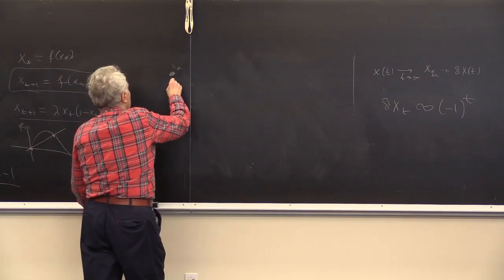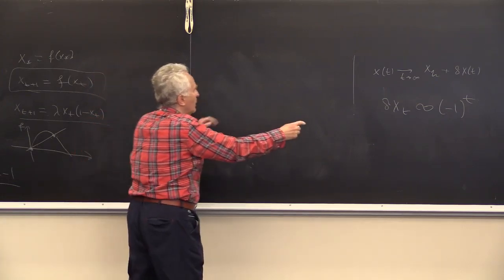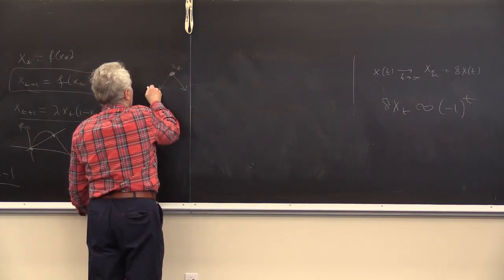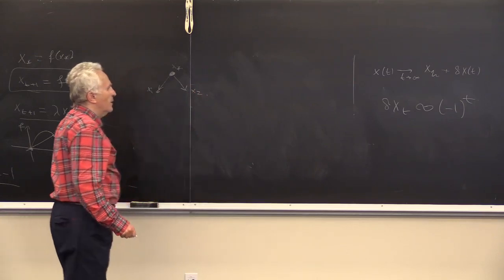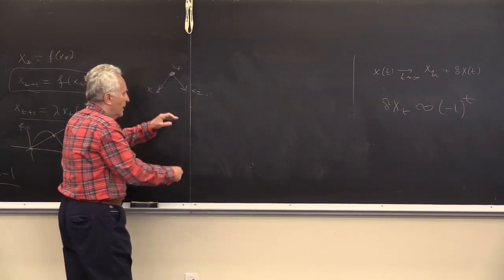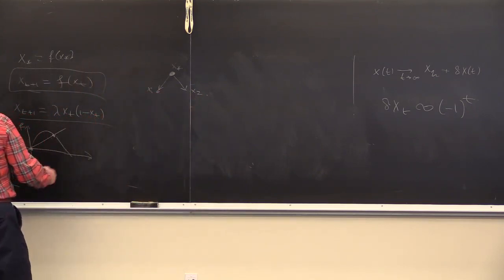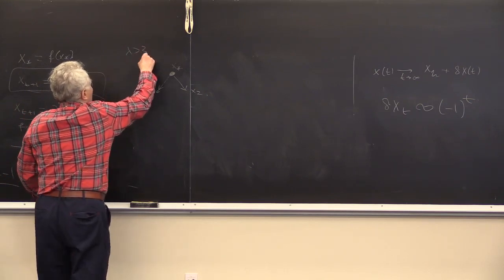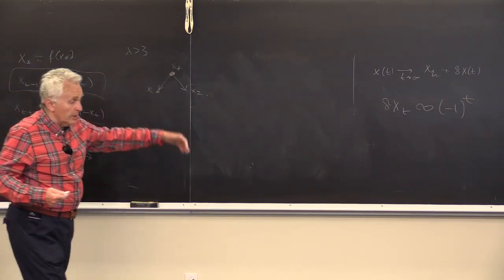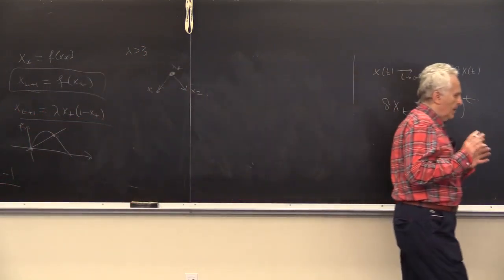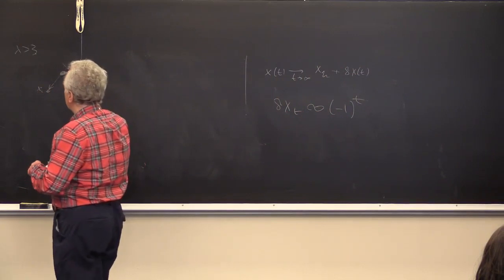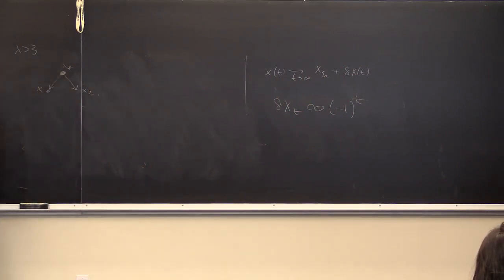We have x star, we expect that there will be 2 points, x1 and x2, corresponding to even and odd, and the system will start oscillating between the two if lambda is greater than 3. Then, I will probably tell you the answer, and then we will derive this answer. The answer is relatively easy, but further features will be fascinating.